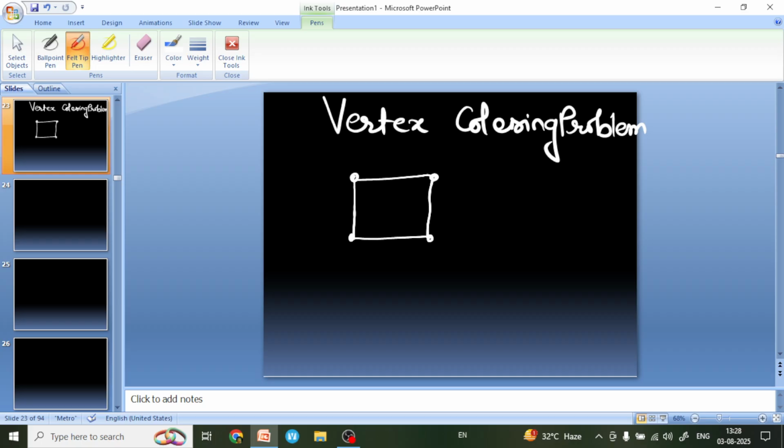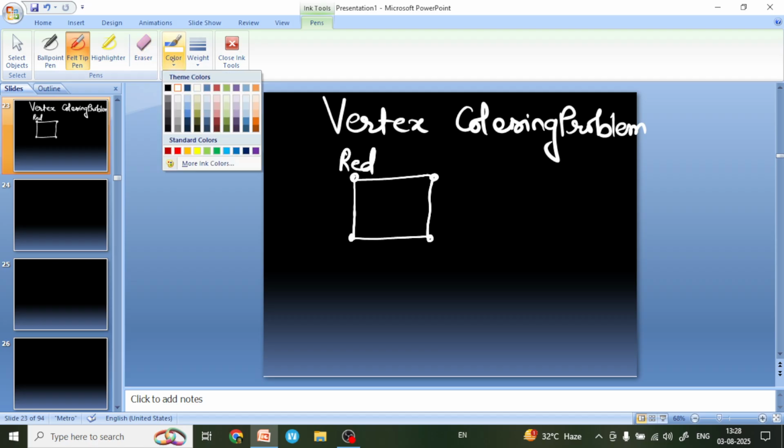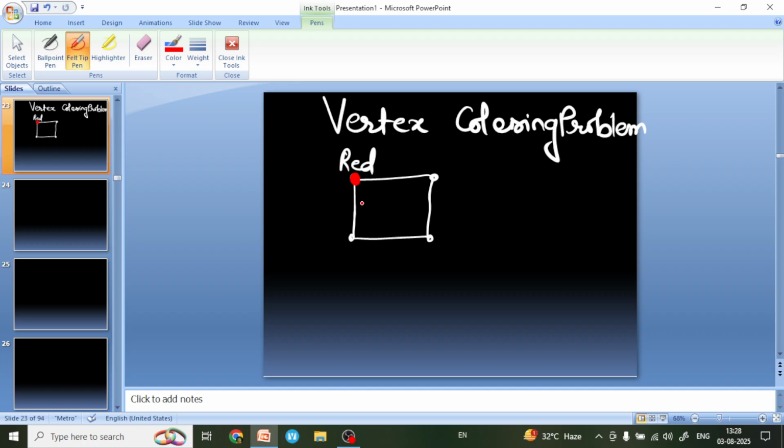The condition is that no two adjacent vertices have the same color, and that is known as vertex coloring. Means if we take red color here, you can see I have filled red color, then I cannot fill red here, but I can fill red here because this vertex is not adjacent to this vertex.